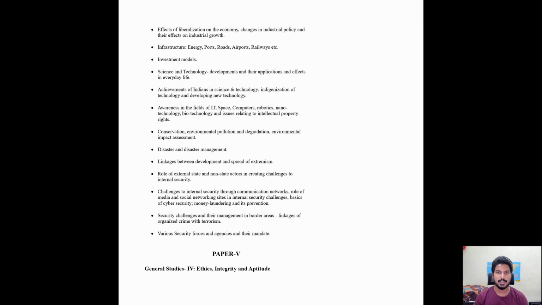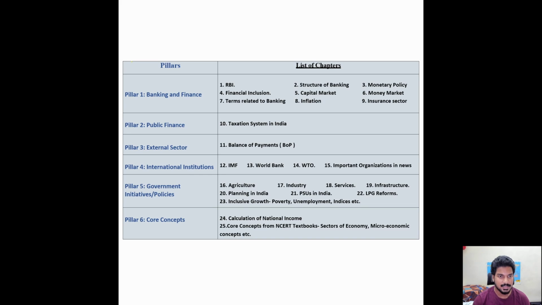From what I have understood, economy is easy to understand when it is divided into pillars and sections and then into chapters. So let us look into it in that way. So these are the pillars of economy, and parallel to it we have the chapters which come under those pillars. So the first pillar is banking and finance.